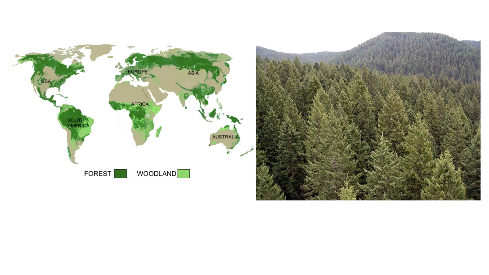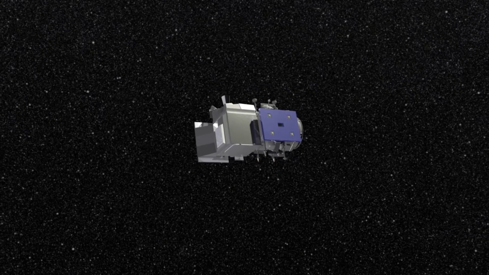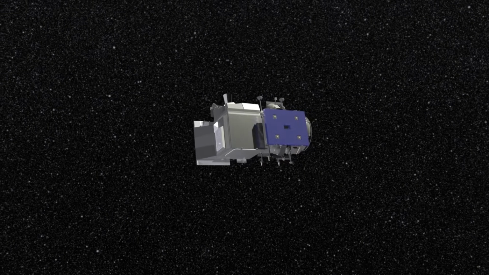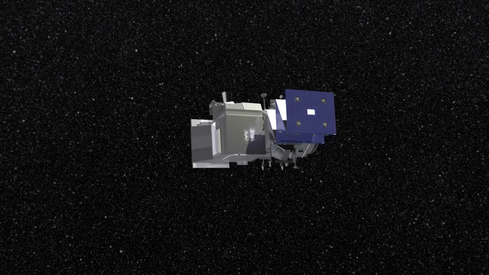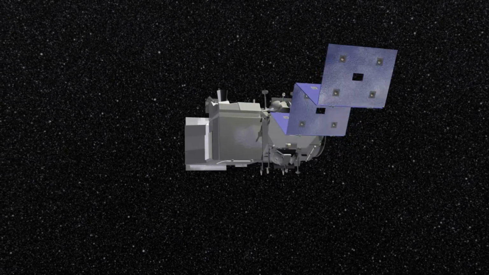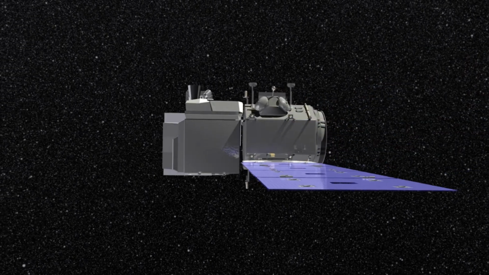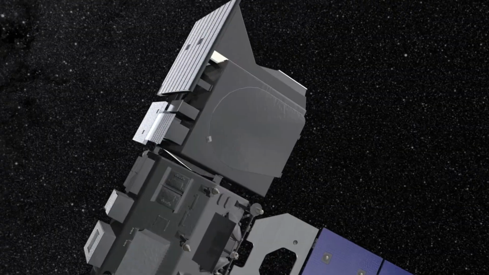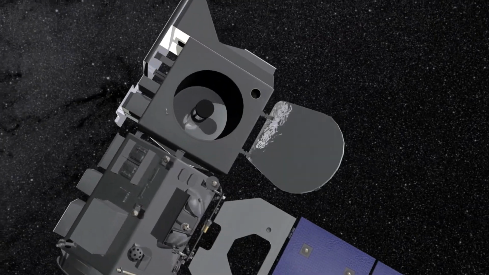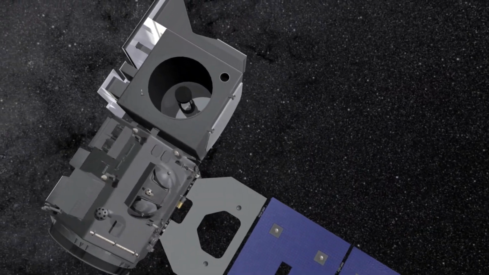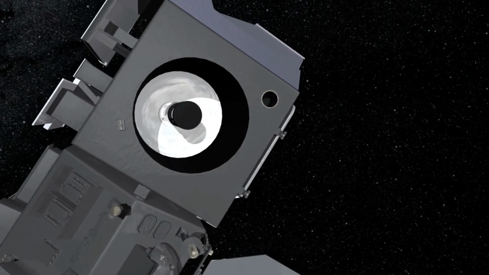So biomass is estimated by using models of tree height and other height parameters that we can derive from space-based LiDAR. So as I mentioned, I've been working on the NASA ICESat-2 mission since it began development in 2010. The satellite actually launched in September of 2018, and since it's been in orbit, thus far it's collected billions of photons and laser shots going out.